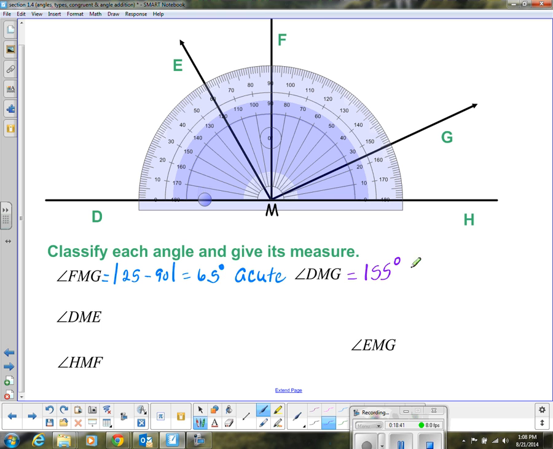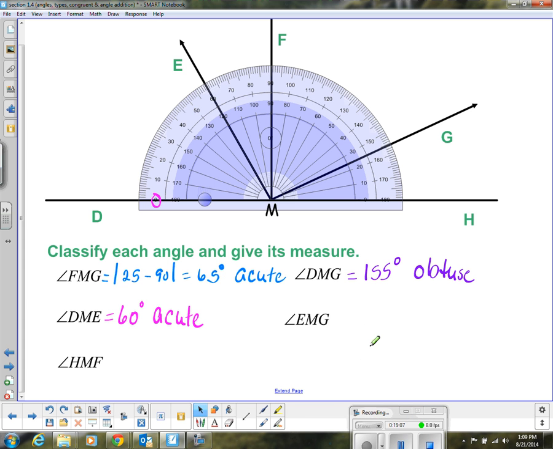Because that's larger than 90, this one is obtuse. If we look at DME, where's DME? Again, I have to start at 0, so I'm on the outside. That is a 60-degree angle, and a 60-degree angle is less than 90, meaning it is acute.